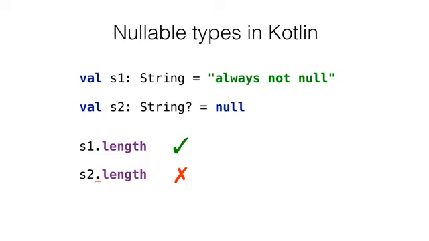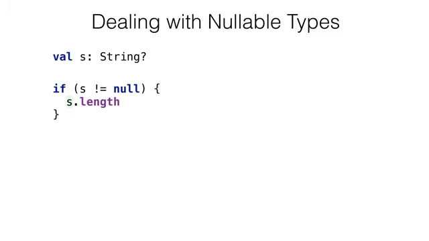So what can you do if you want to dereference an object of nullable type? The easiest way would be to check explicitly that your reference is not null, and after that you can simply dereference it. However, even the IDE will suggest a better way to express the same logic.